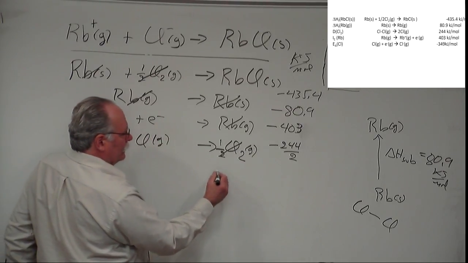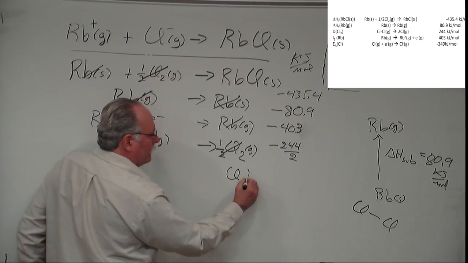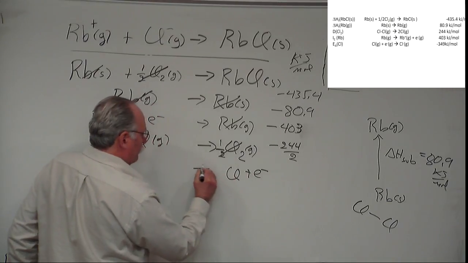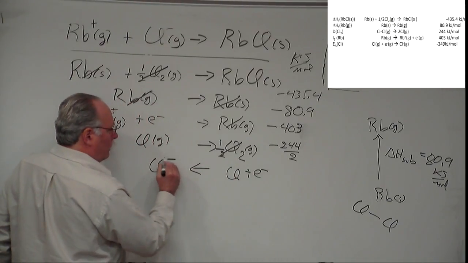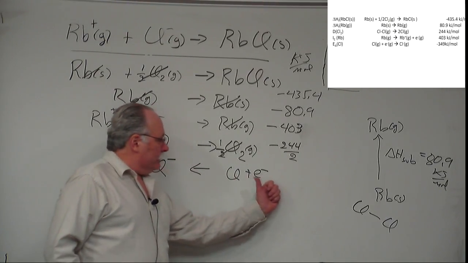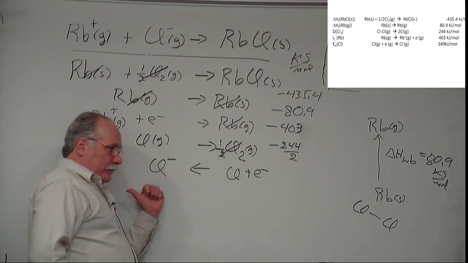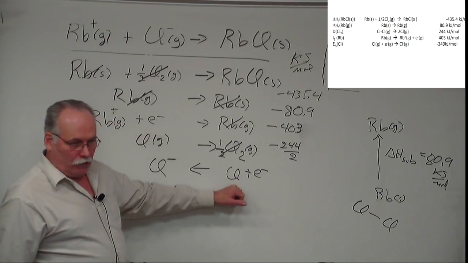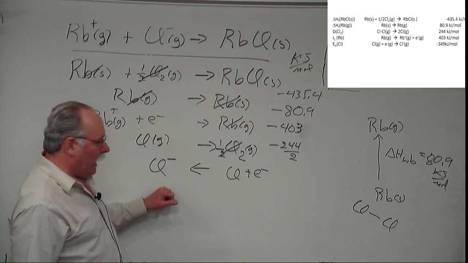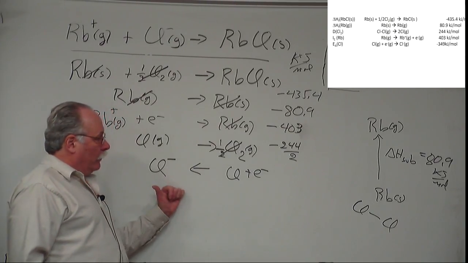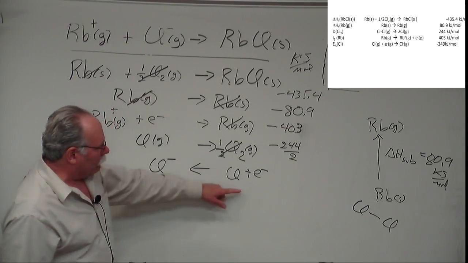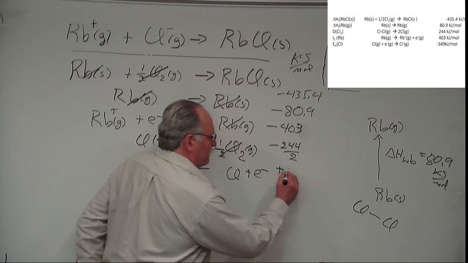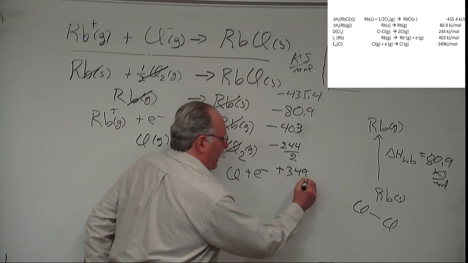Electron affinity is if I take a chlorine and add an electron to it to form chloride. So this direction here, the electron affinity of chlorine to become chloride, is minus 349. We've written it backwards, so it becomes a plus 349.